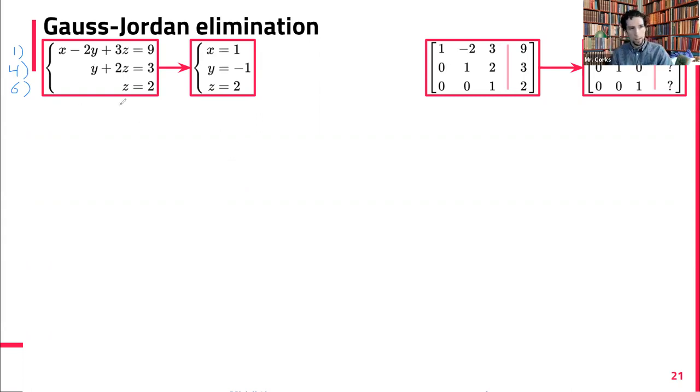If we had this system with equations 1, 4, and 6, and we want to do elimination to solve for the next thing here. Let's say I want to use rows 4 and 6. I want to eliminate the z to solve for y. How would we write the elimination process here?